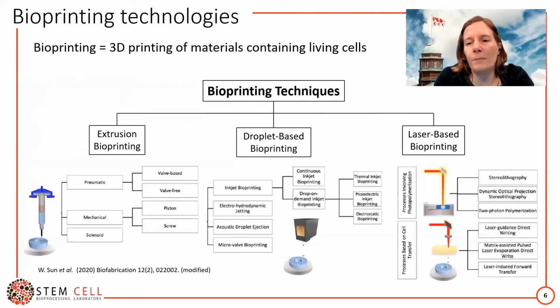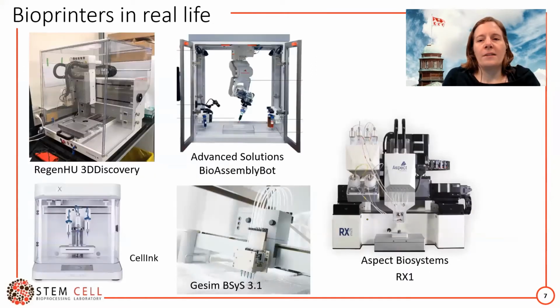And another example is laser-based or light-based techniques where, as I mentioned before, you can use light to create a reaction in situ by focusing your light onto a certain spot. These are some examples of bioprinters that we have available at McGill.